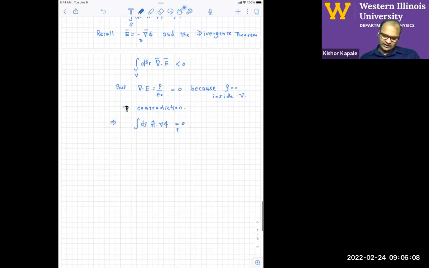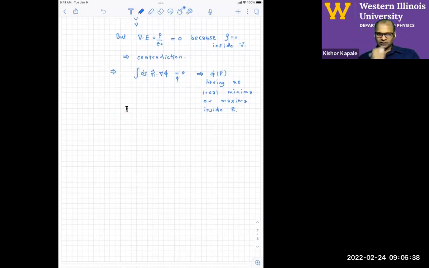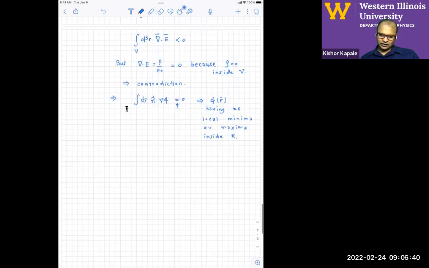And that translates into phi of r having no local minima or maxima, except you can have local minima or maxima only on the boundary, right? Not inside. Okay, so that's how that works.